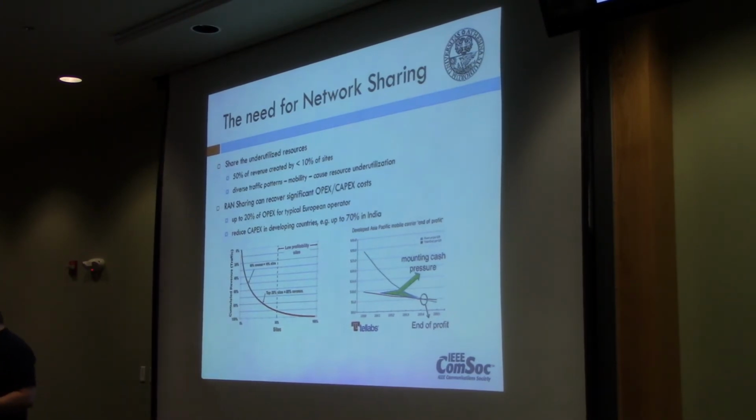So if you are a mobile operator, you should expect that even if you deploy a big network, most of your income, half, will come from 10% of what you put in the field. Because of course, there are hotspots, and some places you cover the area, but maybe with very few customers, and also because the coverage is practically fixed.